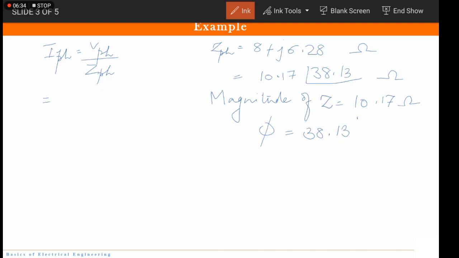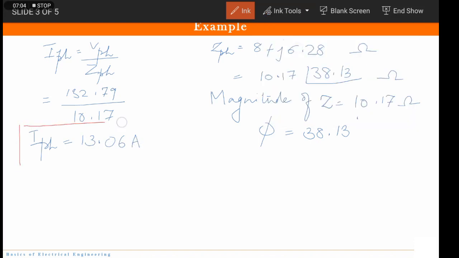Now I shall be putting the value. What was my phase voltage? It was 132.79. And what will be ZPH? Now I have to take the magnitude, which is 10.17. So my phase current comes out to be, after dividing 132.79 by 10.17, 13.06 amperes.